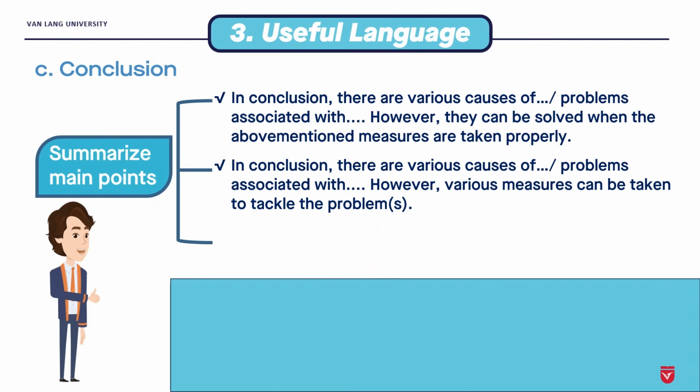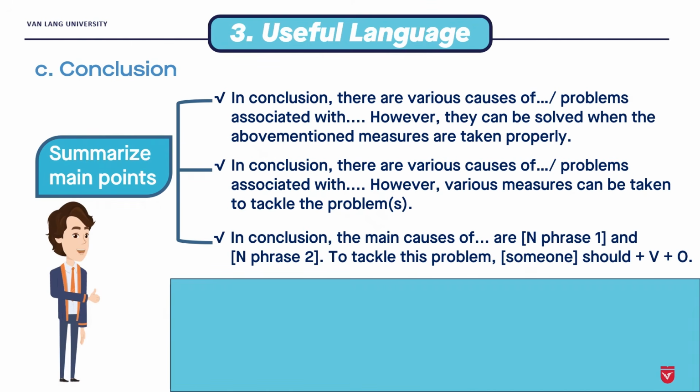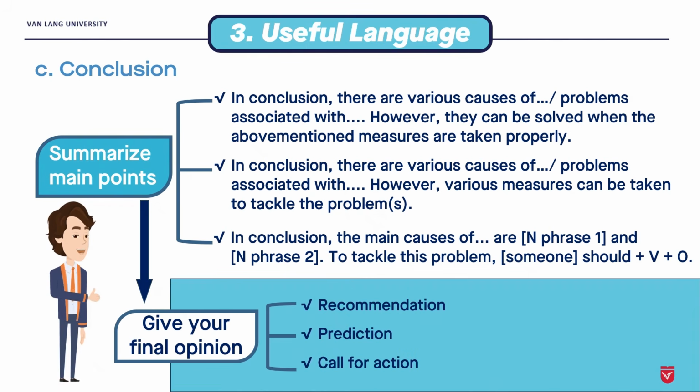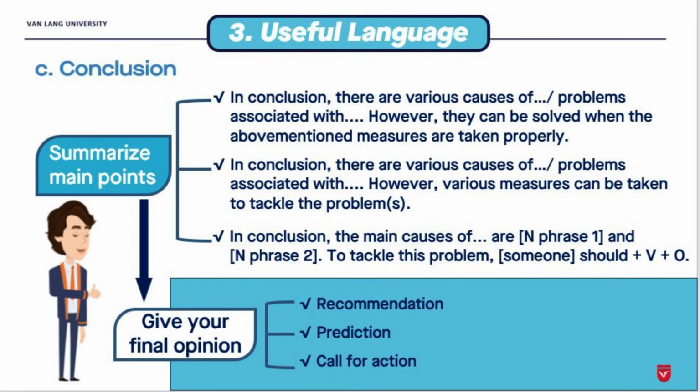However, various measures can be taken to tackle the problems. And, in conclusion, the main causes of are noun phrase 1 and noun phrase 2. To tackle this problem, someone should verb, object. Second, you need to give your final opinion by giving a recommendation or prediction or call for action.